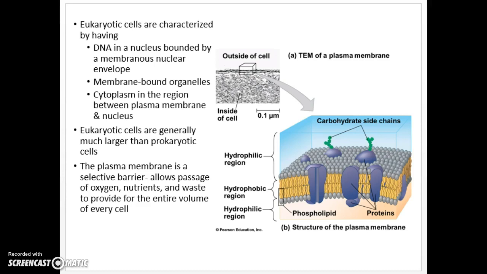Another distinguishing feature is that eukaryotic cells are generally much larger than prokaryotic cells. And in the case of a eukaryotic cell, the plasma membrane is a selective barrier that allows passage of oxygen, nutrients, and waste to provide for the entire volume of the cell.